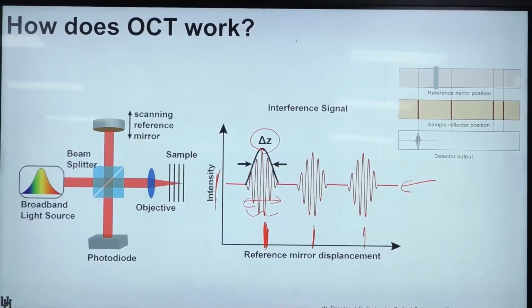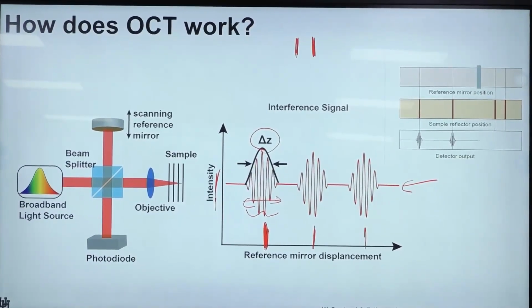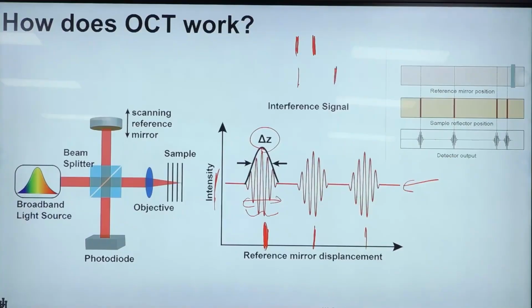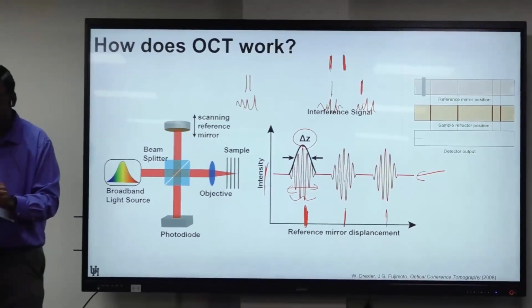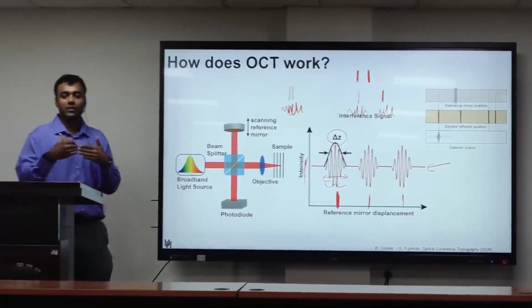Let's say you have one layer and another layer. If they are very far apart, the bursts are far away and you can easily separate them. But if they are close together, the burst of one and the burst of the second almost overlap with each other.